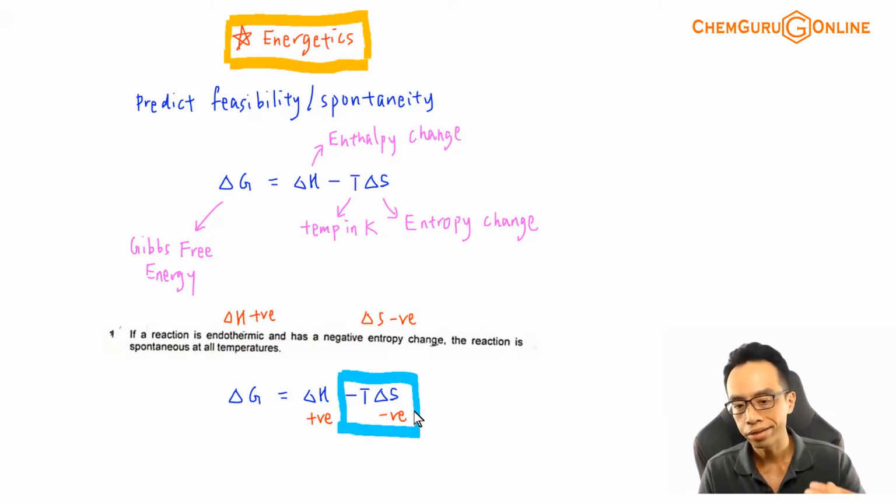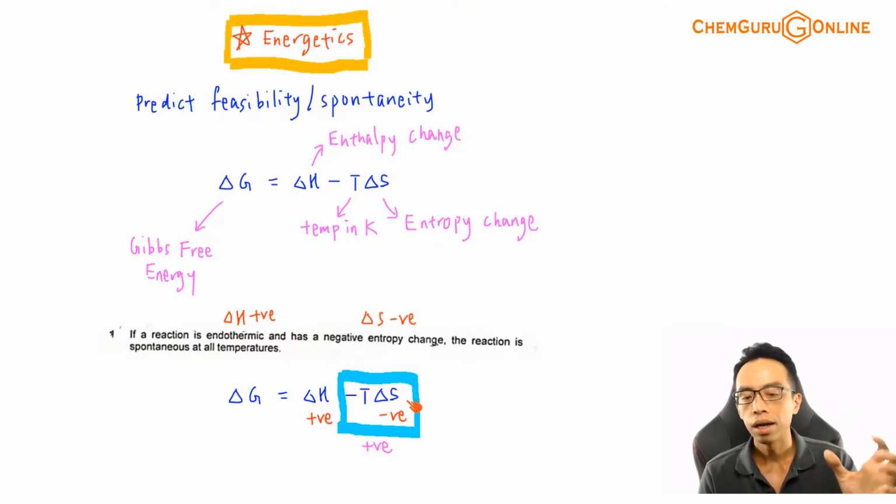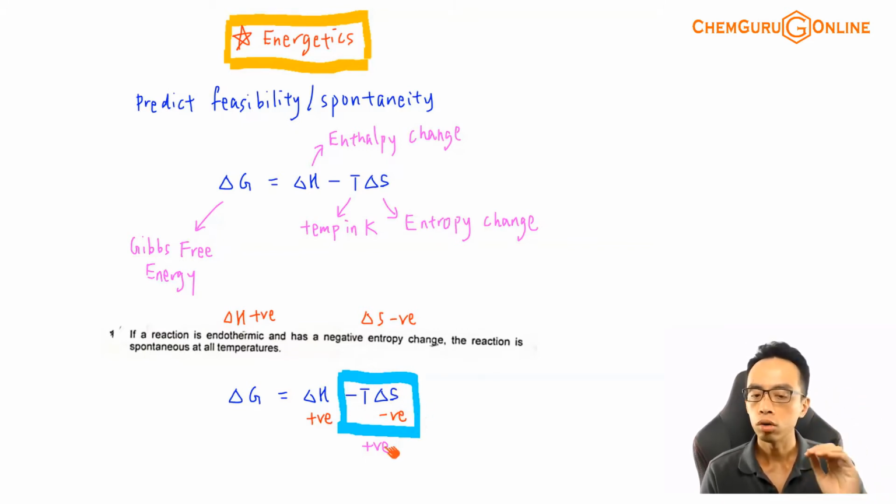If delta S is negative, the minus T delta S term would have to be a positive term, because temperature in terms of Kelvin has to be always positive. The lowest possible temperature is 0 Kelvin. So there's no such thing as a negative temperature in terms of Kelvin, correct? So if delta S is negative, the minus T delta S term will be a positive term.